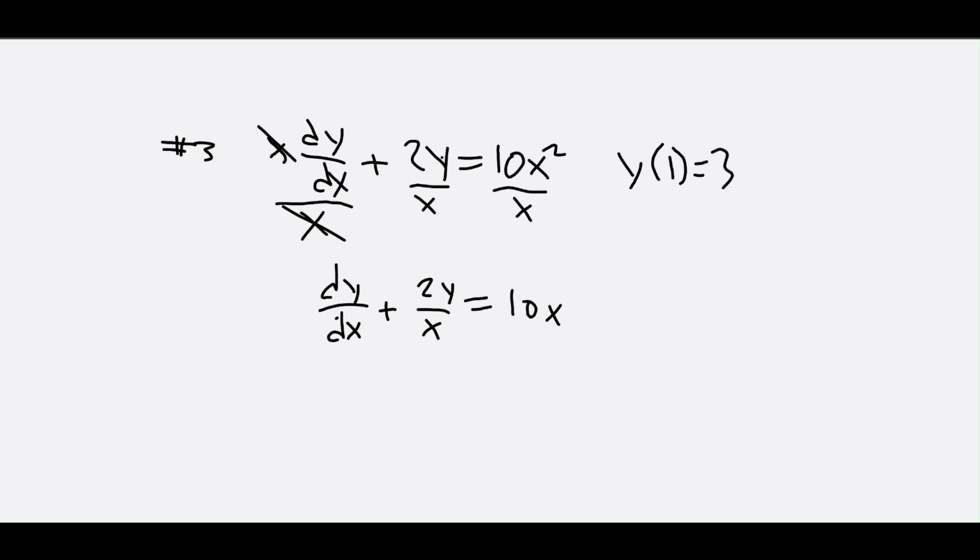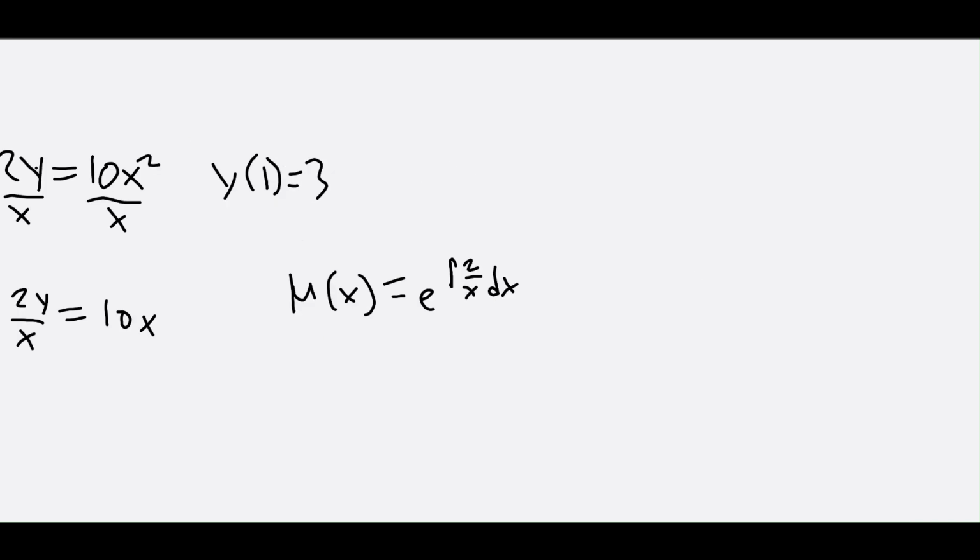And then we find the integrating factor. The integrating factor of x equals e to the integral of 2/x dx, which gives us e to the ln x squared, which equals x squared.